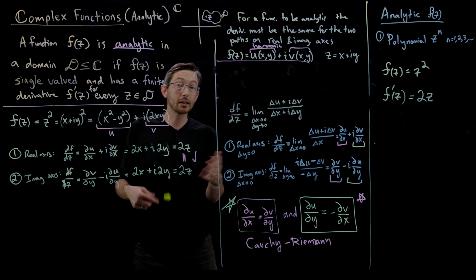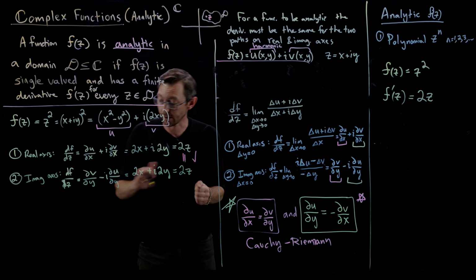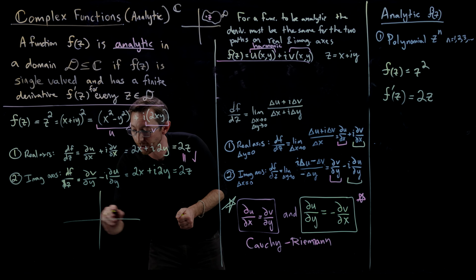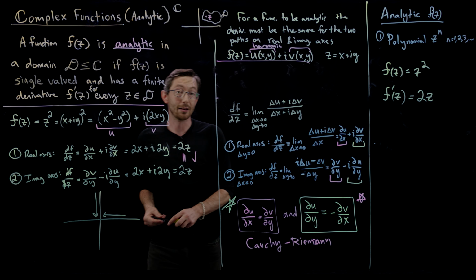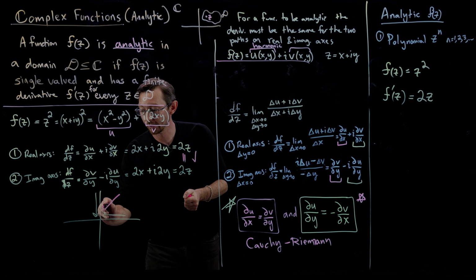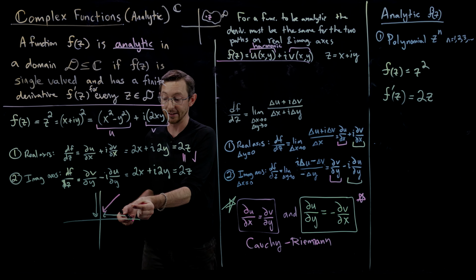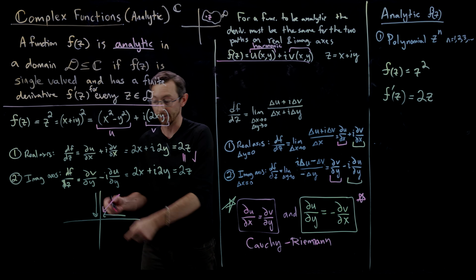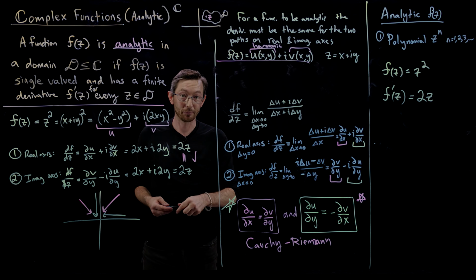Now, if you want to get really good at this, and you have 30 minutes to do this on your own, I would recommend: we just took the derivative in the real direction, we just took the derivative in the imaginary direction. Confirm for yourself that if you take the derivative in this direction, where delta x equals delta y goes to 0, or in this direction, those also equal 2z. It's a little bit hairy.